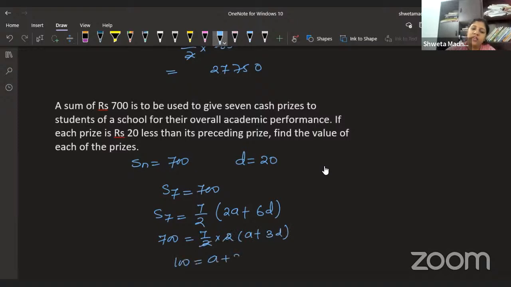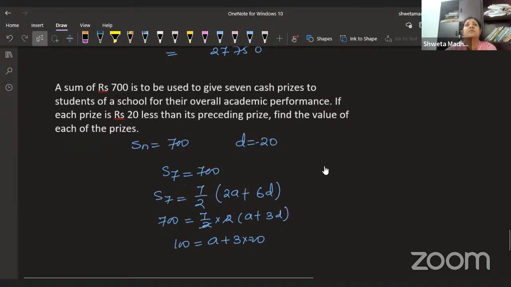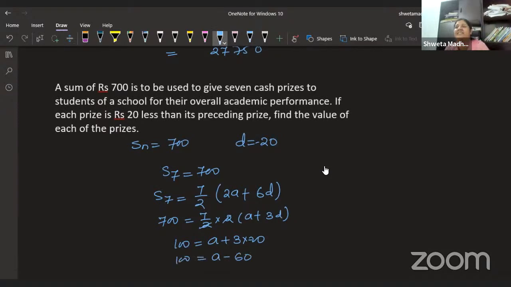100 is equal to A plus 3 into 20, minus 20, sorry, because each prize is 20 less. So A minus 60 is equal to 100, so A will be 160. That is the first term.